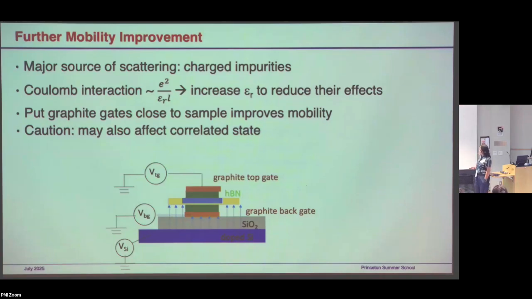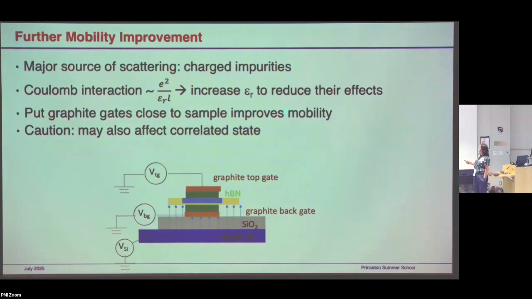I think there's actually a recent preprint from the Novoselov group, which reports that when they put the gate super close, right at the level of graphene, they can see the quantum Hall effect start at 5 millitesla, which is actually amazing.